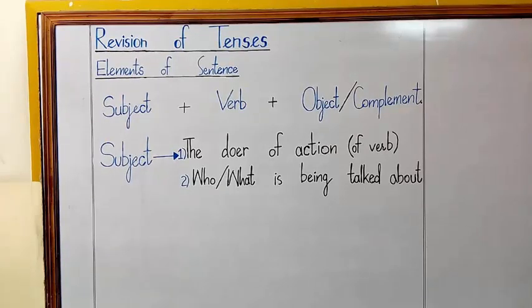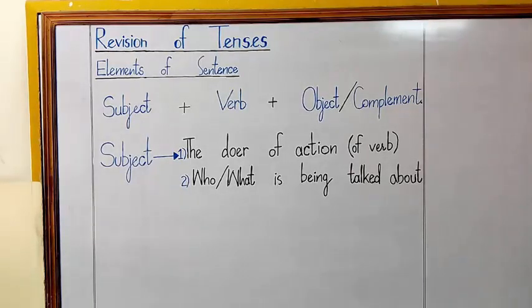The doer of action of a verb. The first definition of subject, the doer of action of verb, means whatever action takes place in the verb of a sentence is performed by either somebody or something.